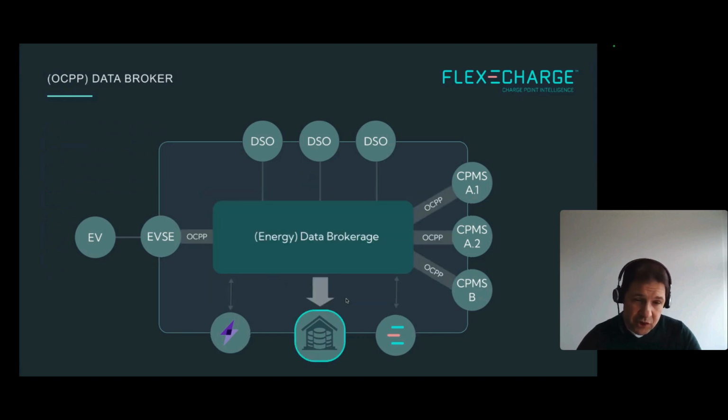And one solution to tackle all that is, of course, an energy or data brokerage platform, as we have introduced it in the last masterclass.